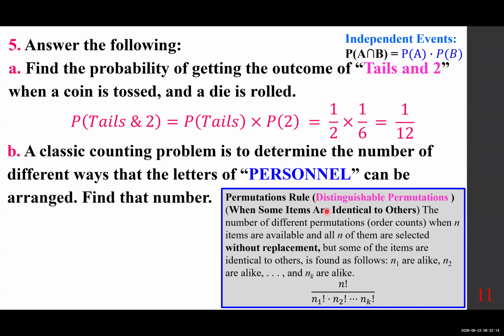When some items are identical to others, the number of different permutations, where order counts, when n items are available and all n of them are selected without replacement, but some of the items are identical to others, is found as follows. N sub 1 are alike, n sub 2 are alike, and so forth. So n factorial over n1 factorial times n2 factorial, and so on and so forth.